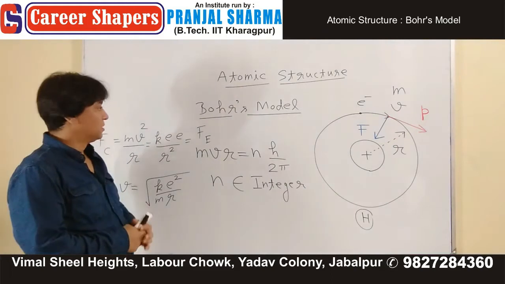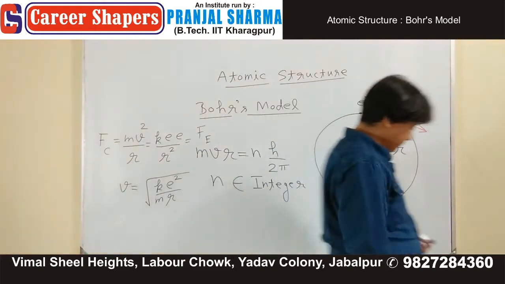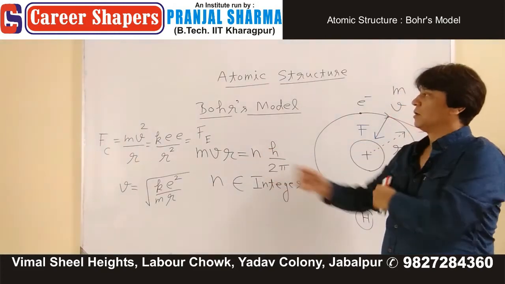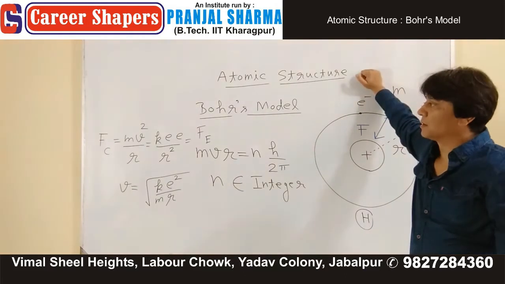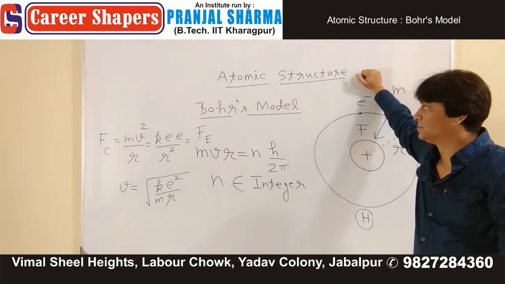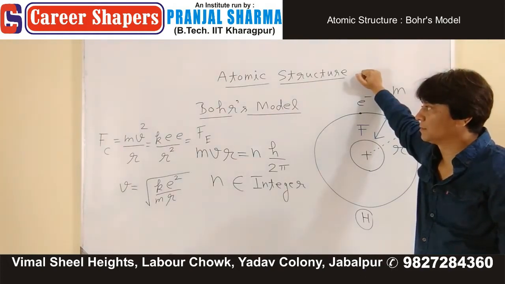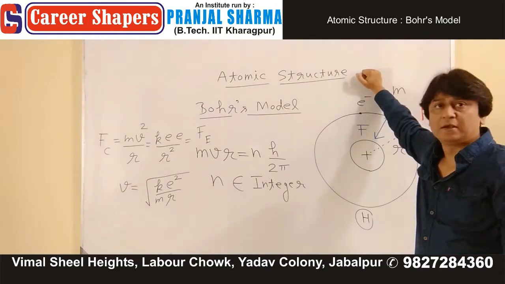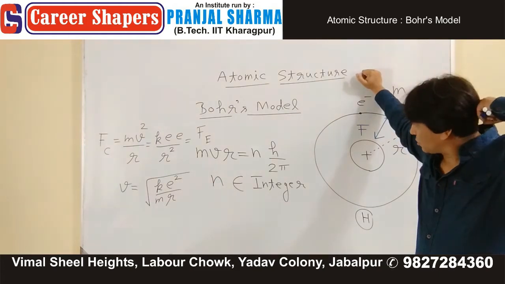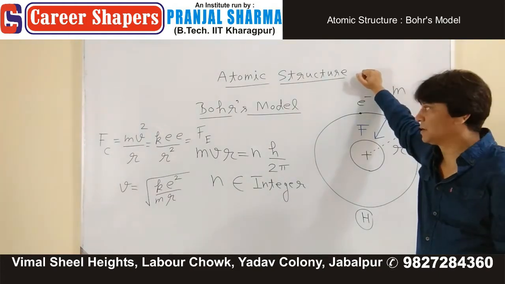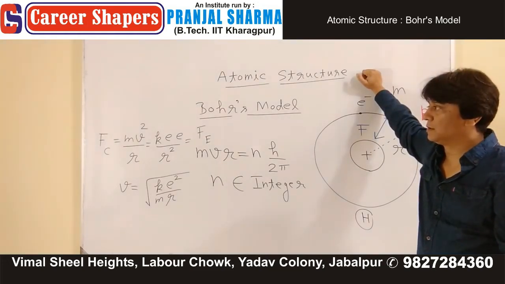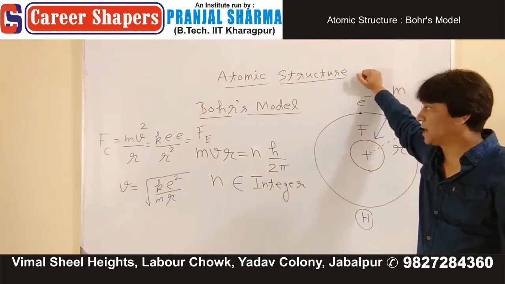Now write down velocity of an electron for hydrogen type atoms, when electron is present in nth orbit.